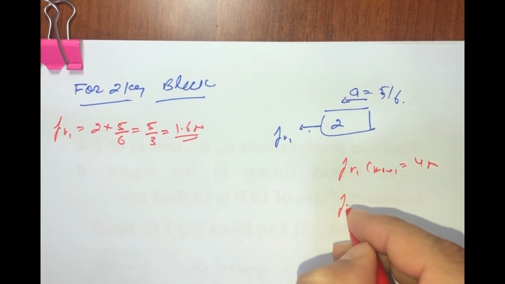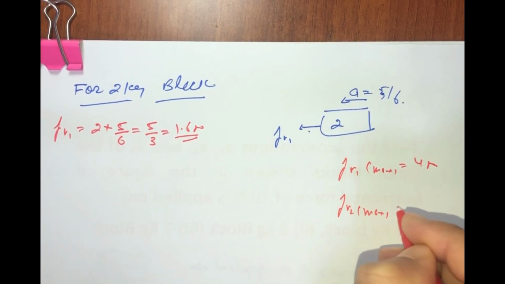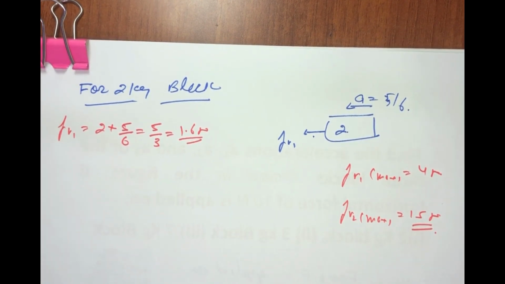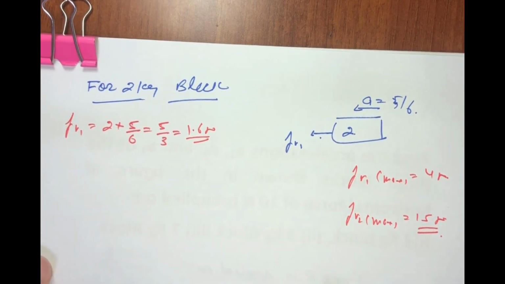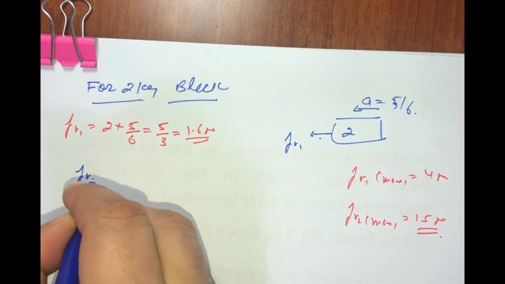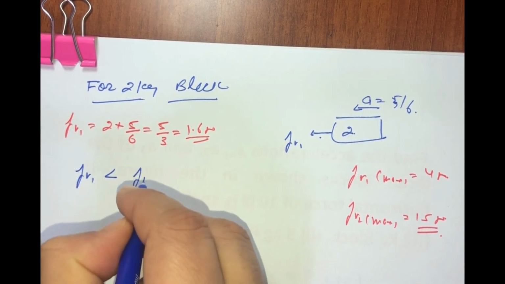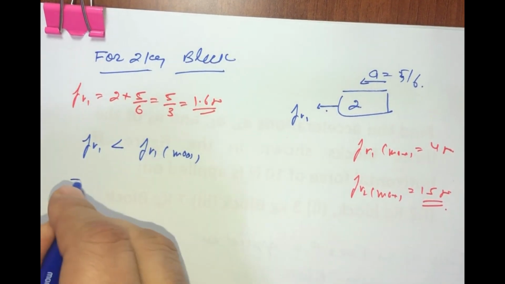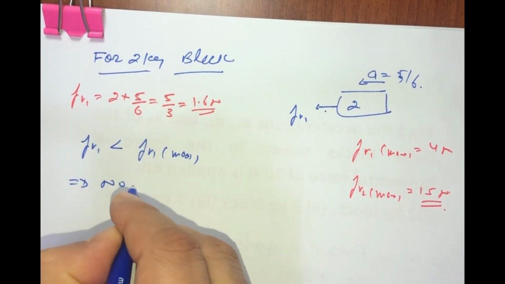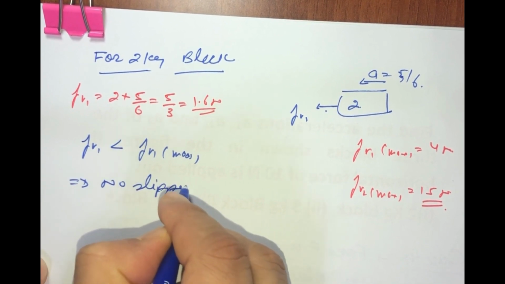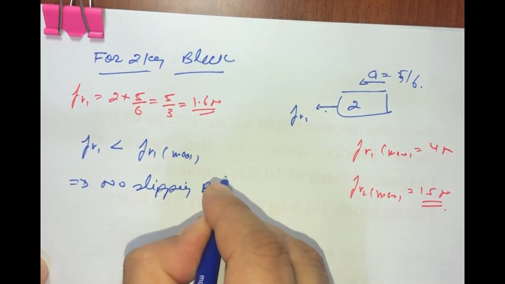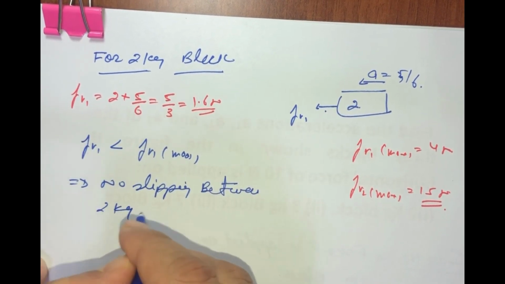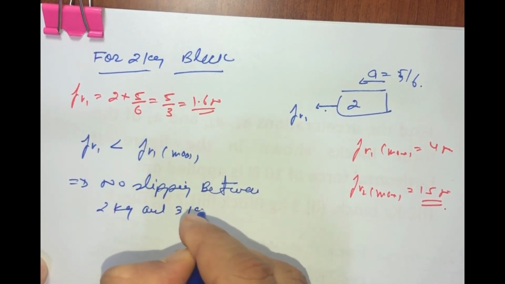And Fr2 max is 15 Newton. So if you make comparison, we can say Fr1 is less than Fr1 max. So we can say no slipping between 2 kg and 3 kg block.